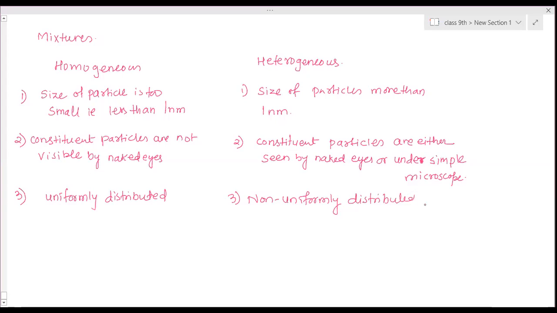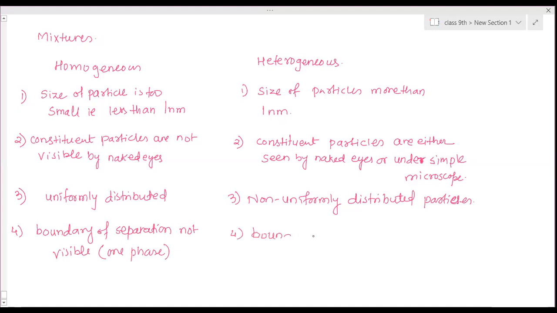For homogeneous, the boundary of separation is not visible, that is only one phase is seen. And here the boundary of separation is visible, that is two or more phases.